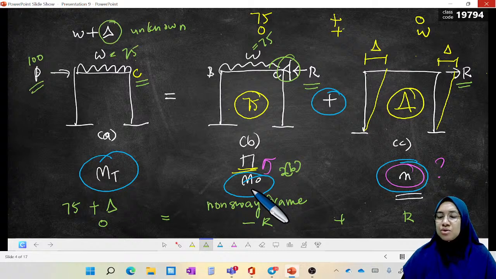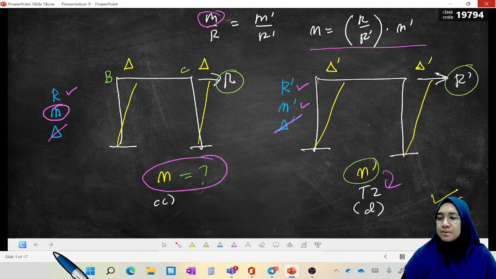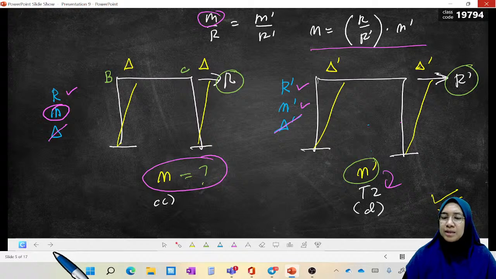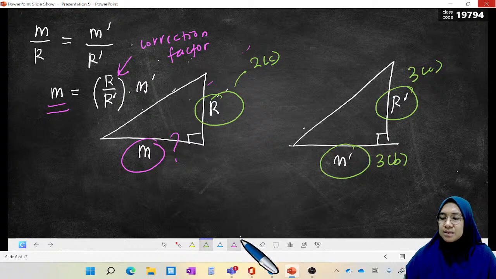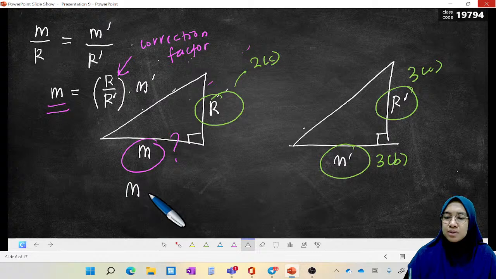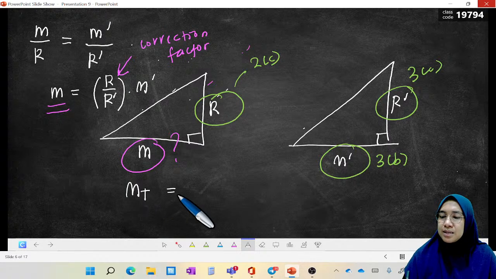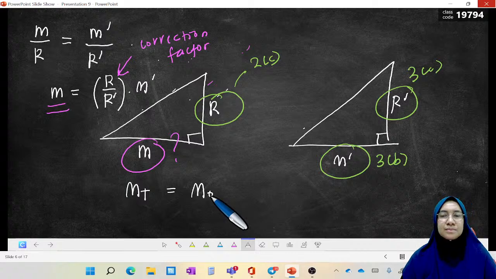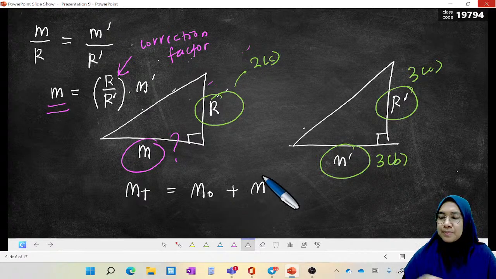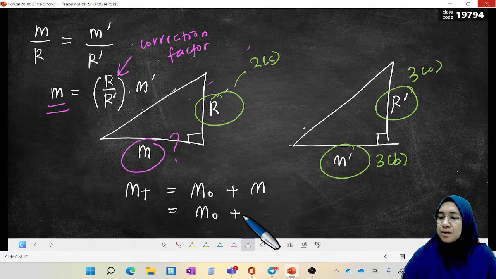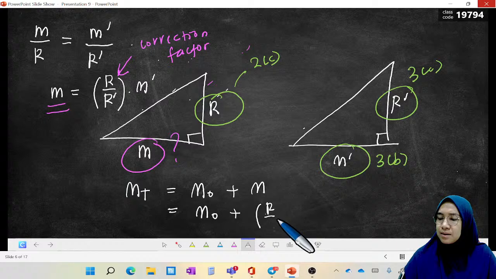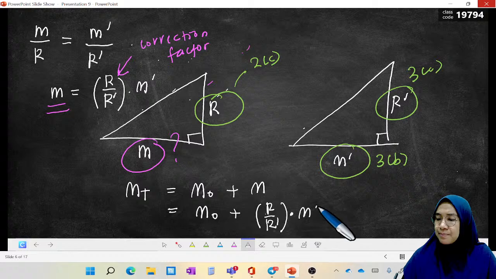So when we substitute, we will get M total equal to M naught plus R over R prime times M prime.